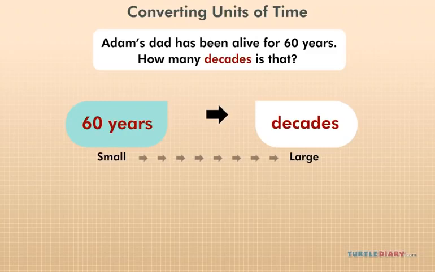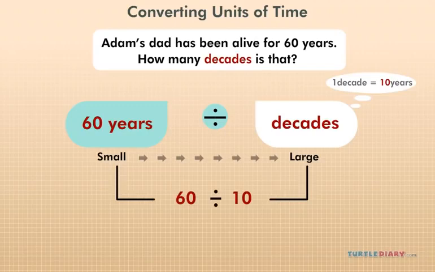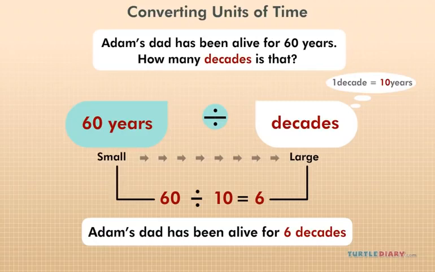That means we must divide. Since there are 10 years in a decade, we'll divide by 10. 60 divided by 10 equals 6. Adam's dad has been alive for 6 decades.